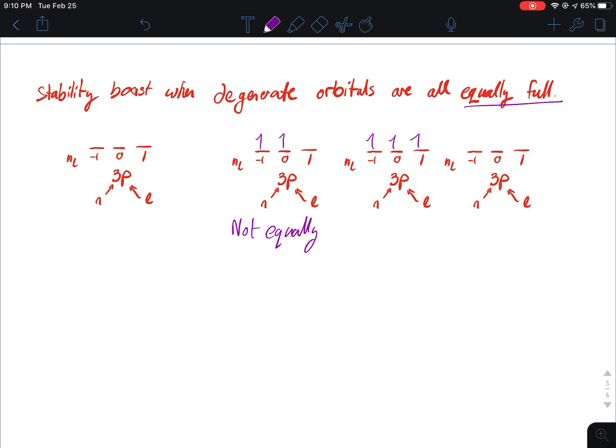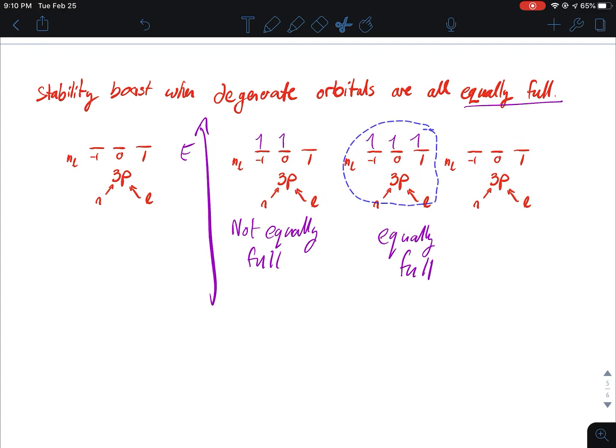So this is not equally full, and this is equally full. If we put a little energy scale here, what we're trying to say is that these ones would kind of drop down. There'd be a little tiny drop.